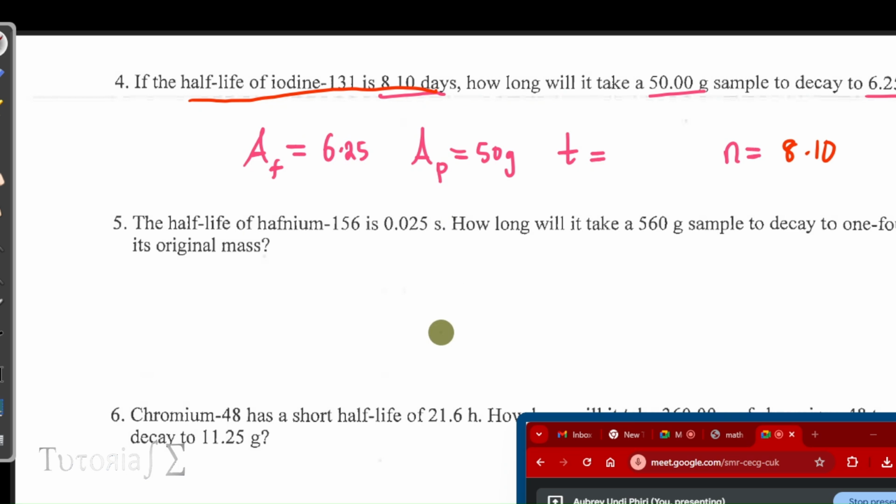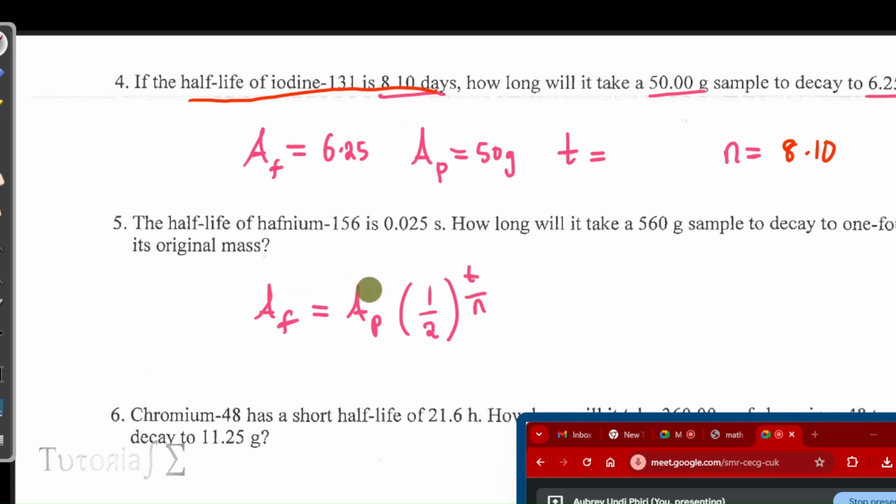The formula is: the future value is equal to the present value, then half raised to the power the time over n. So this is the formula you need to remember.